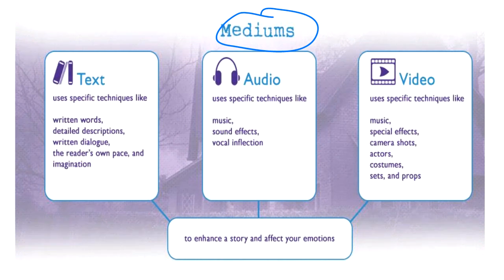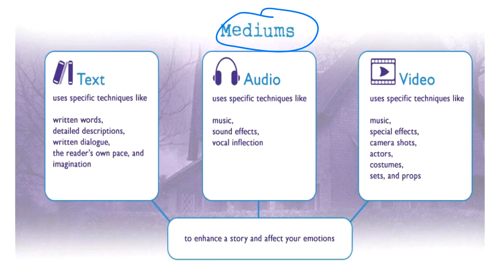So in a text, as a medium, you'll use specific techniques like written words, detailed descriptions, written dialogue, the reader's own pace and imagination. So when you're reading a text, you're doing it at your own pace, and you're using your imagination to create the story and create the pictures in your head.